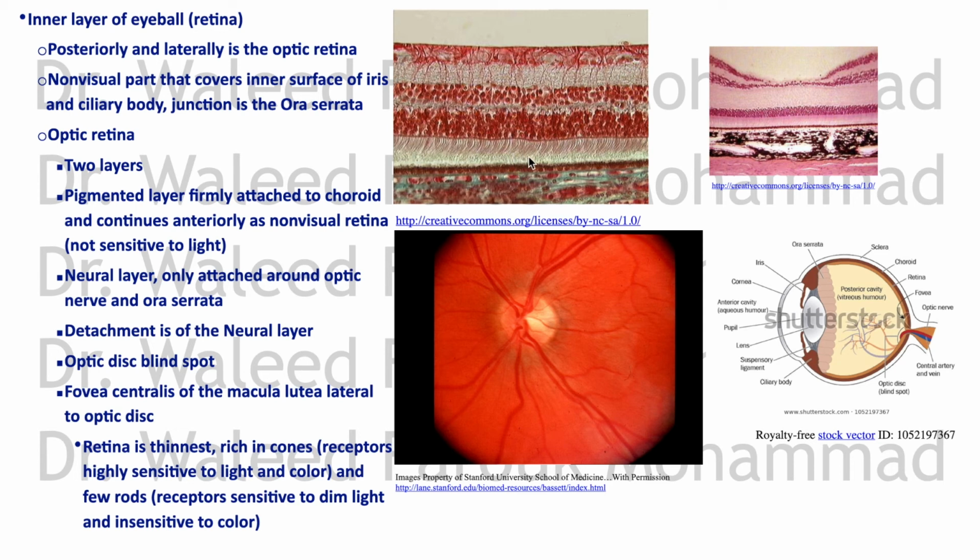Now, I want to draw your attention to something. See, the receptor layer is posterior. So the light must traverse the full thickness of the retina till it hits the rods and cones, and then the electric response goes back through these layers to the surface, where the fibers converge to form the optic nerve that goes out again.